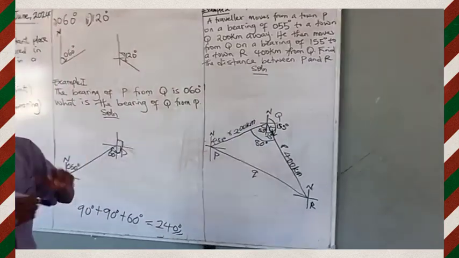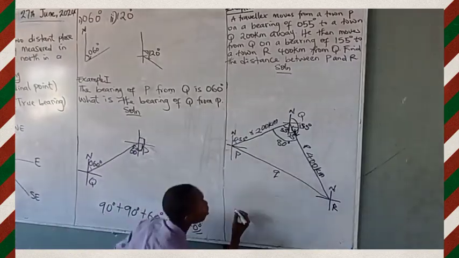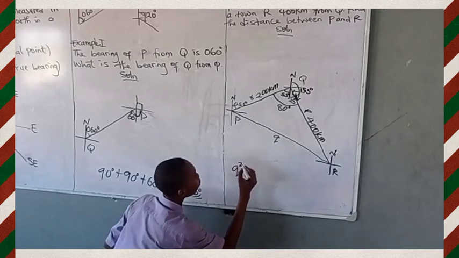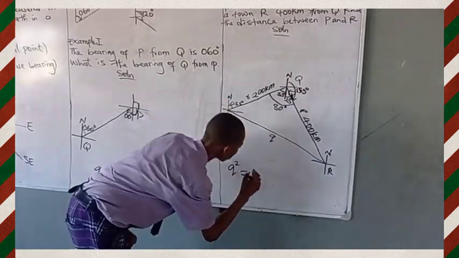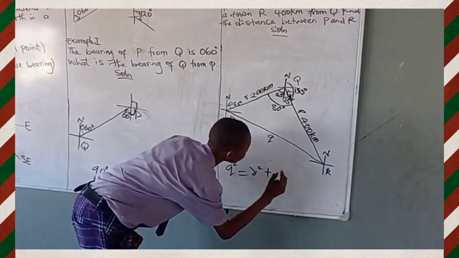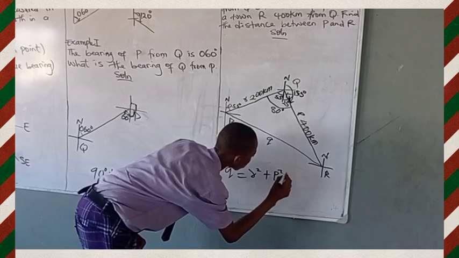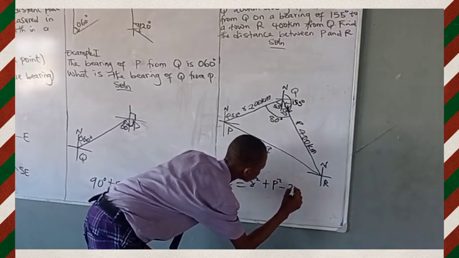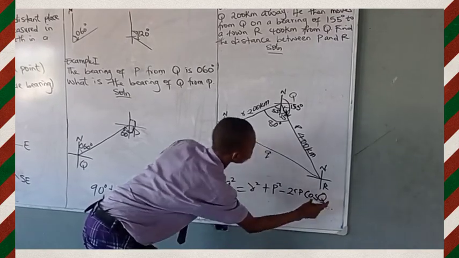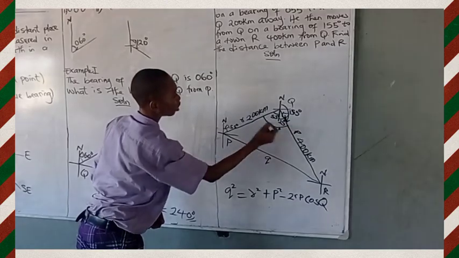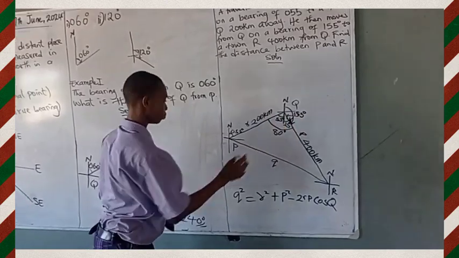Now the cosine rule states that q square, which is this PR square, is equal to r square plus p square minus 2rp cos Q. Cos Q is the angle here.